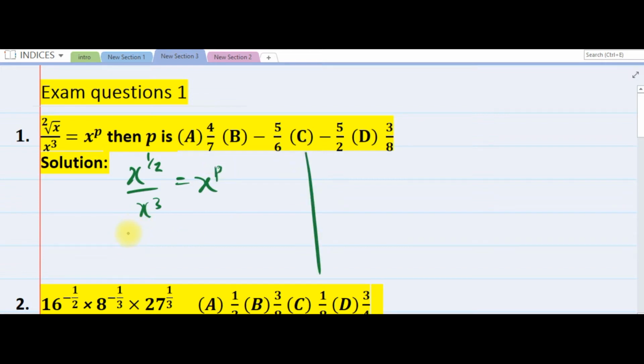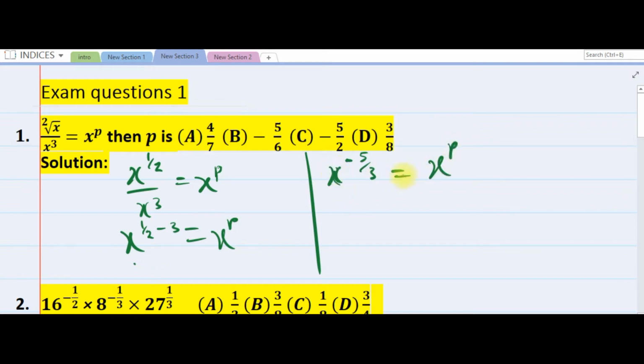So here I'll bring the two together in the same base, applying the second law. And here, what is half minus 3? Half minus 3 is minus 5 over 2, equals x raised to.